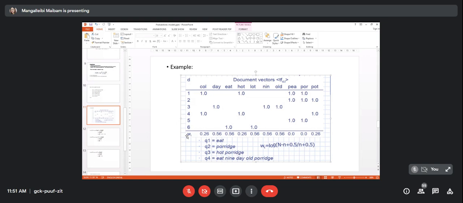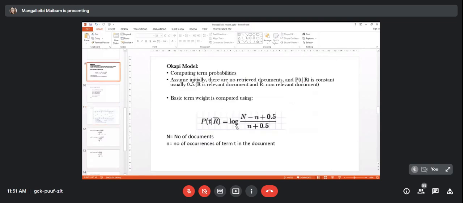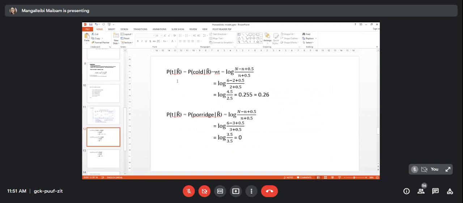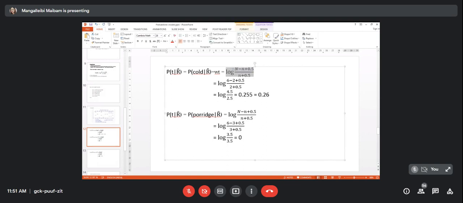Let us check the first one, cold, which gets 0.26, using the formula log of (N minus n plus 0.5) divided by (n plus 0.5).